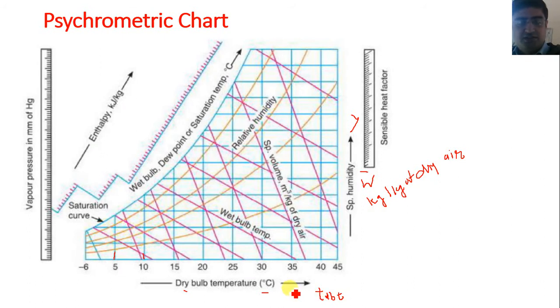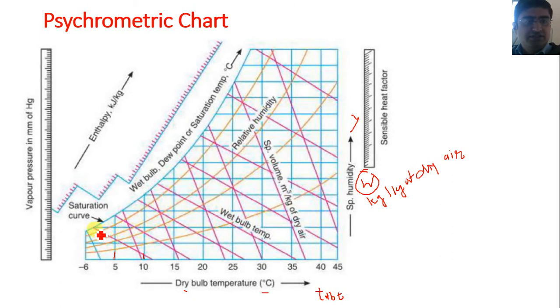So on the y-axis the values of specific humidity W are shown. All the horizontal lines indicate the value of specific humidity in kg per kg of dry air.